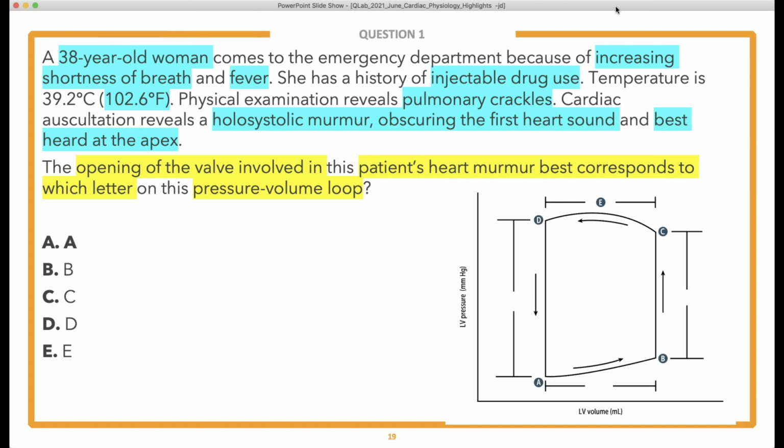Point D, that is aortic valve closure. Point C, that is aortic valve opening. Point B is mitral valve closure. So I think the main things here are, one, picking up what murmur is going on, and two, knowing where it corresponds to on the pressure volume loop. So another nice cardiac physiology question, and great job on this question.